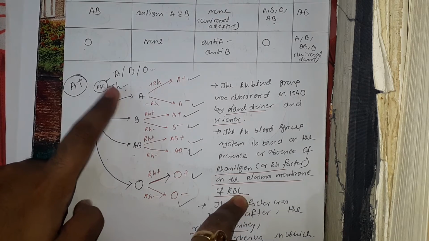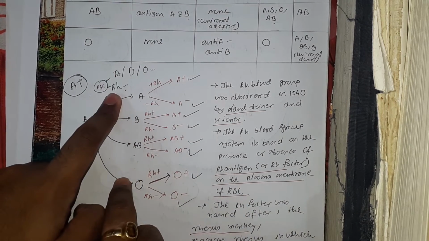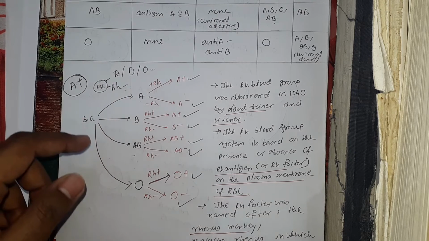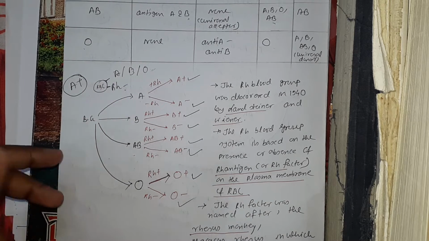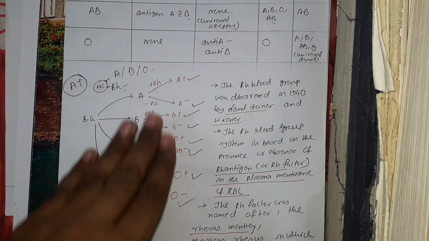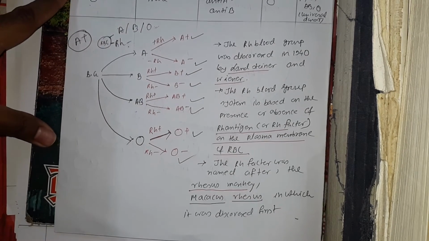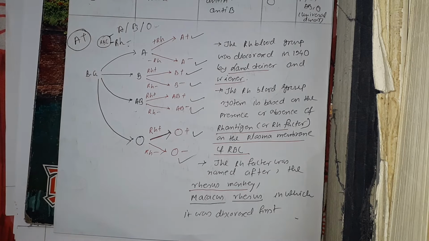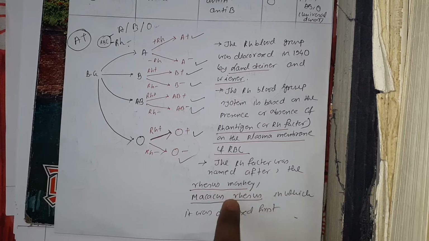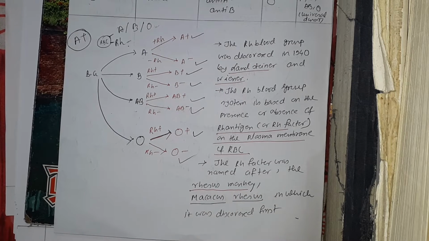So why is this Rh factor named so? The Rh factor was named after the rhesus monkey, Macacus rhesus, on which it was first discovered. That is why it is termed Rh factor.